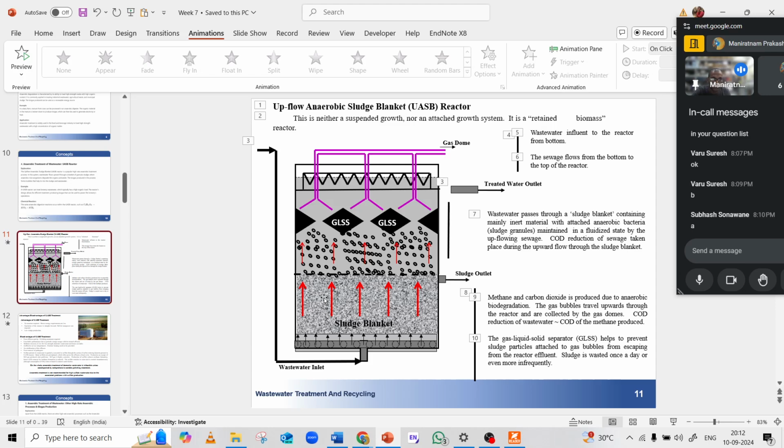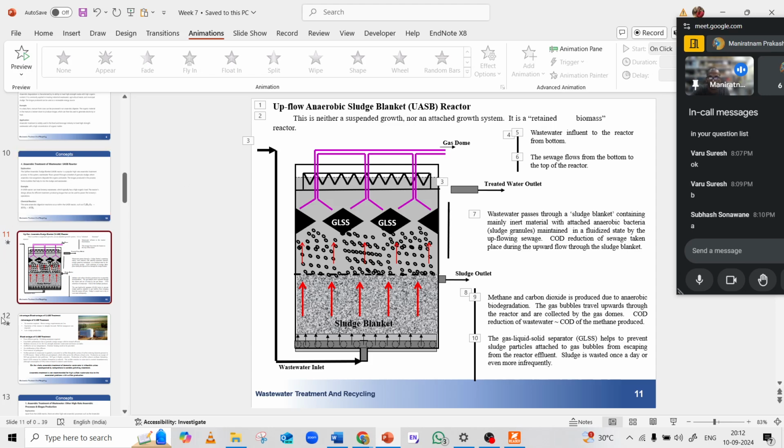It's not as we have seen in our trickling filter, where there is a media and some bacteria are attached, or in the suspended activated sludge process, where all the bacteria remain suspended, organic matter comes and they degrade it. But in this UASB we are retaining our biomass in this blanket. So that's why it is known as a retained biomass reactor.